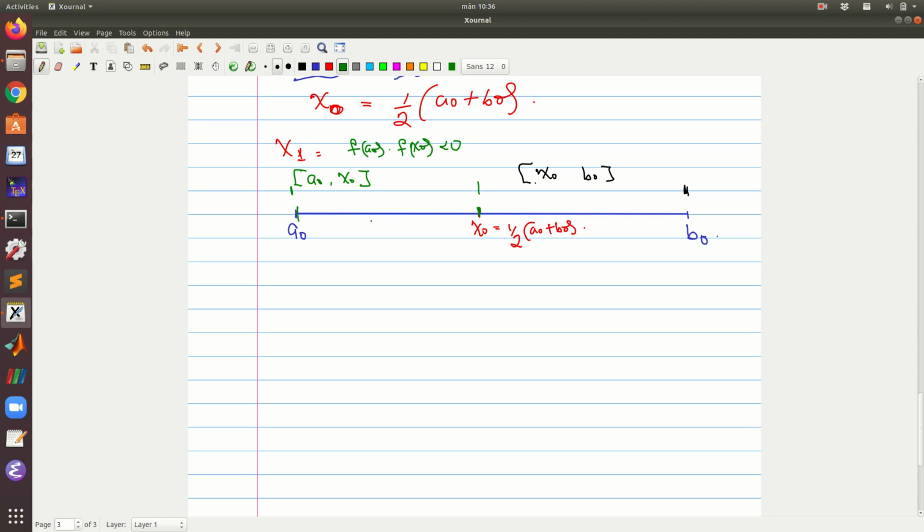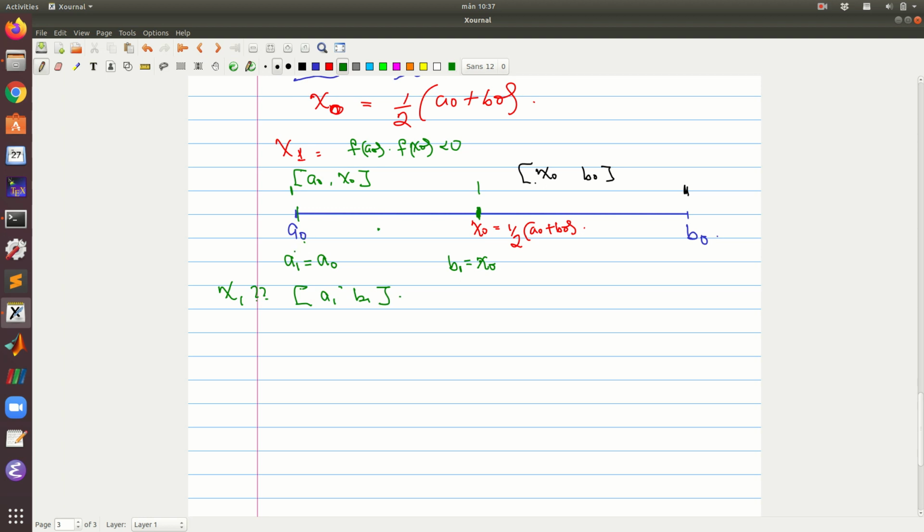And if the root lies in this interval, of course we now get the next approximation. So we know that our a1, on the next interval we are going to look at, we set to be a0, and our b1 we set to be x0, i.e. we are now looking for x1 in the interval defined by a1 and b1.